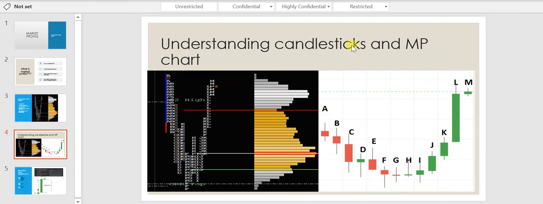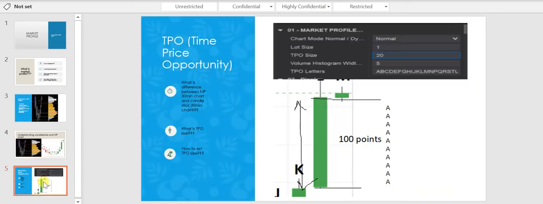Okay guys, coming to the next topic: how exactly these prints are made. Let us say this is a candle, and the range is 100 points.